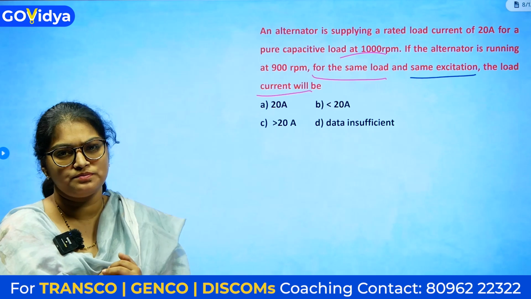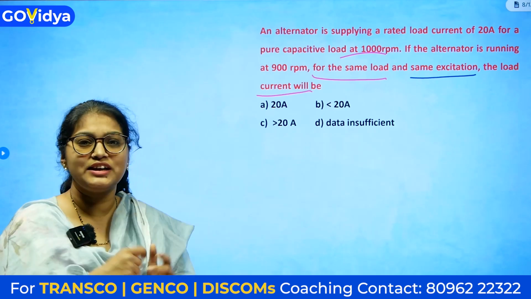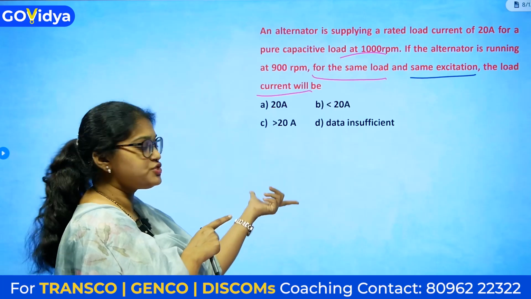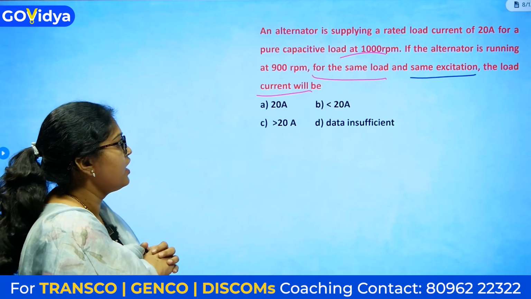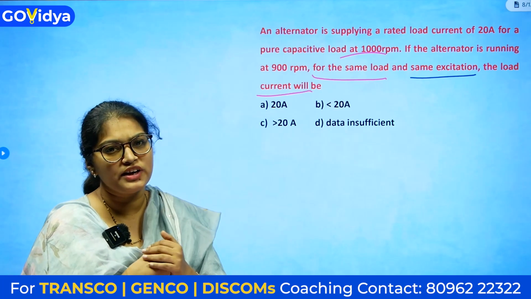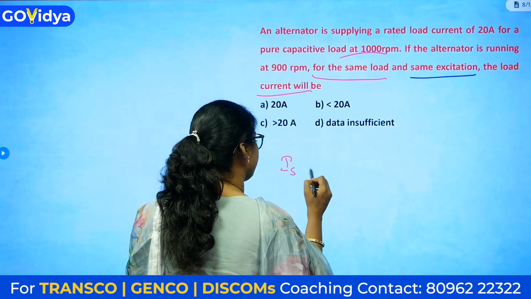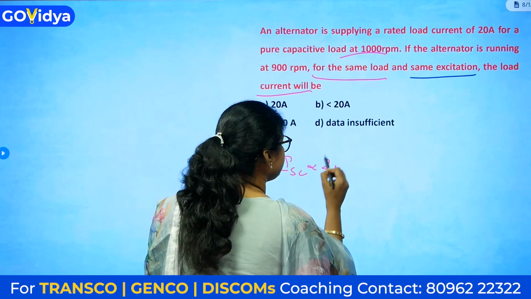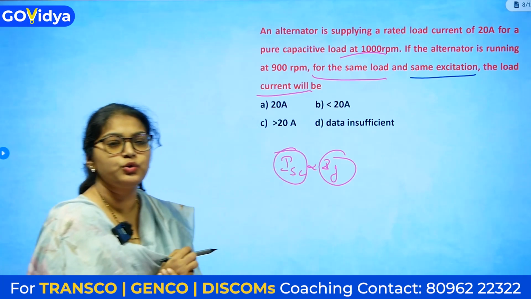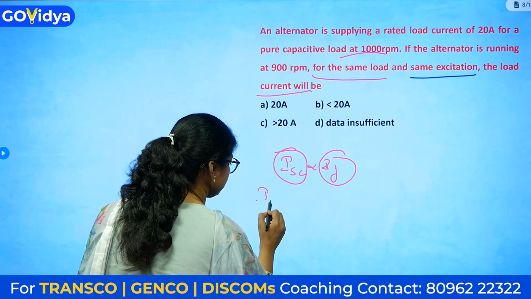As I said in the last question, it is independent of the speed. To avoid that confusion I have brought this question immediately for you. So same load, same excitation. Definitely the short circuit current will also be same, because ISC is directly proportional to IF. Excitation is same, field current is same. Obviously the short circuit current will also be same, because it is independent of the speed.